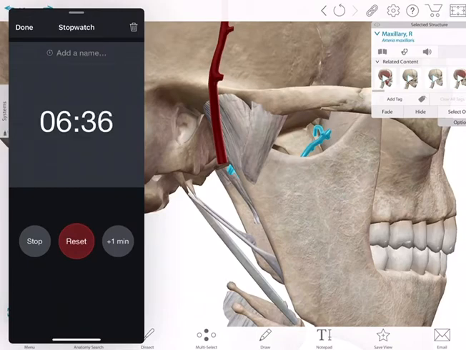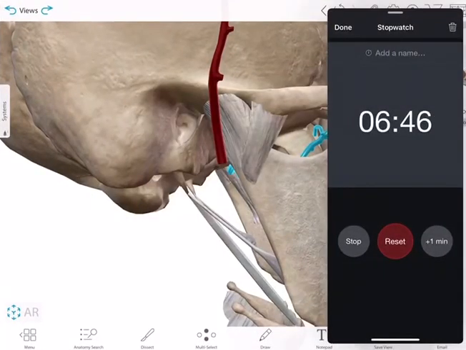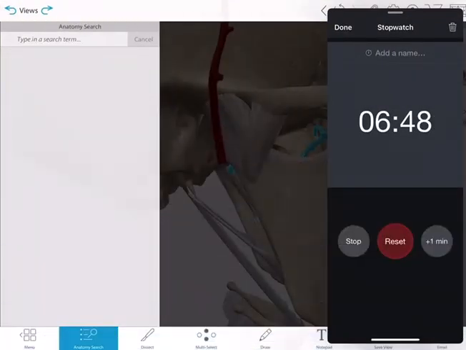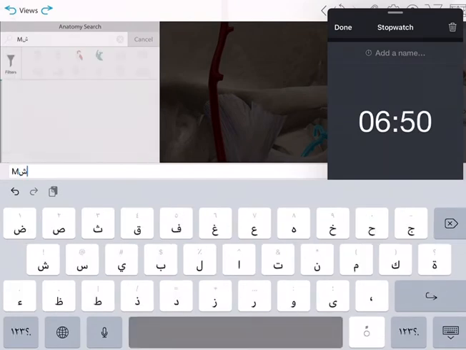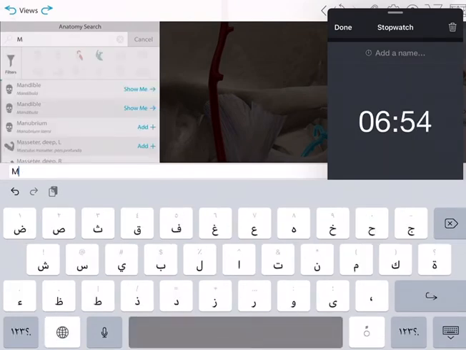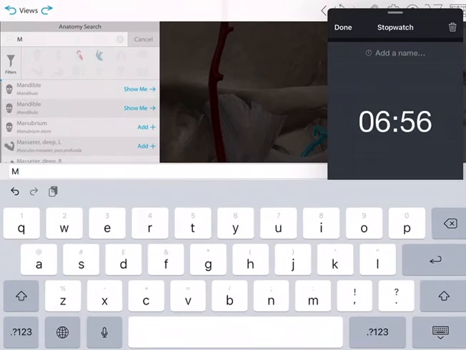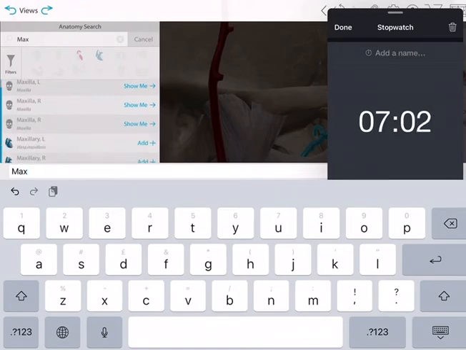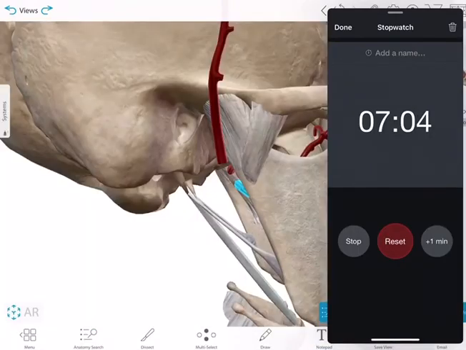If we talk about the venous drainage, blood drains into the superficial temporal vein and the maxillary vein. As with the arterial supply, there is the venous drainage. We can see the maxillary vein to see how close it is to the TMJ. Here's the maxillary vein.